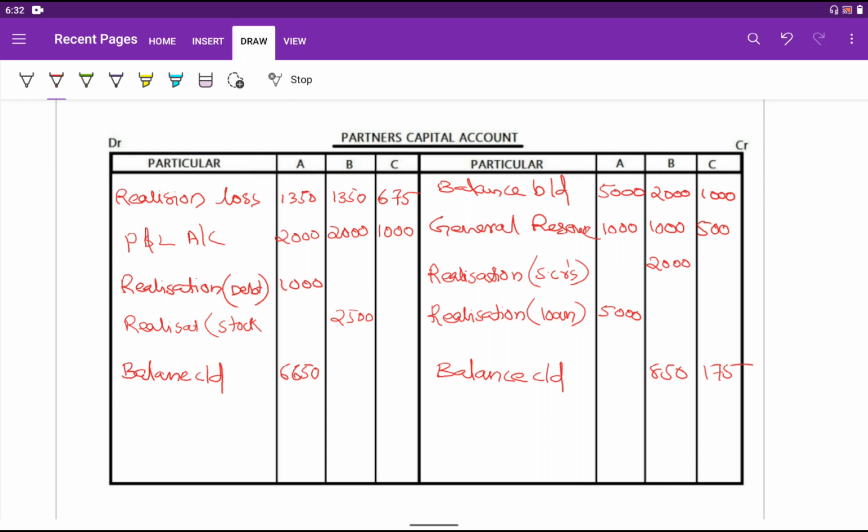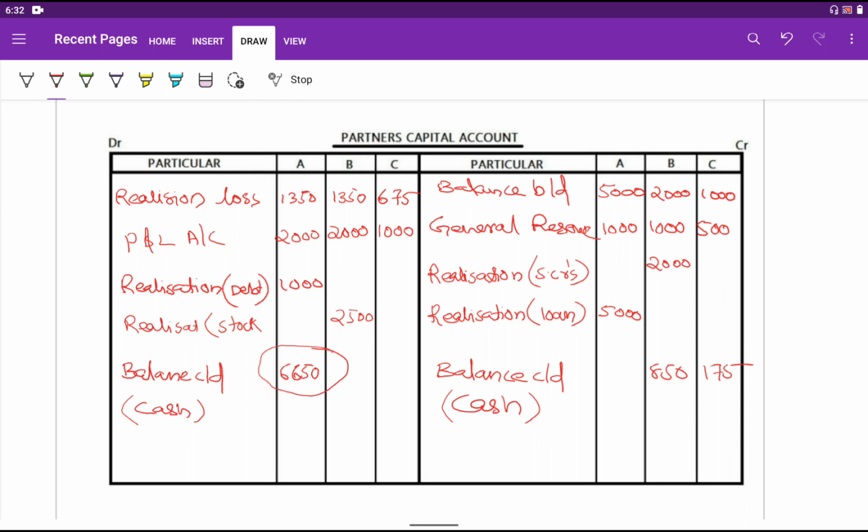Both you write in bracket cash, because both are going to be settled through cash. So what does it mean? After all the settlement and adjustments, only A is going to get some amount from the company, that is 6,650.